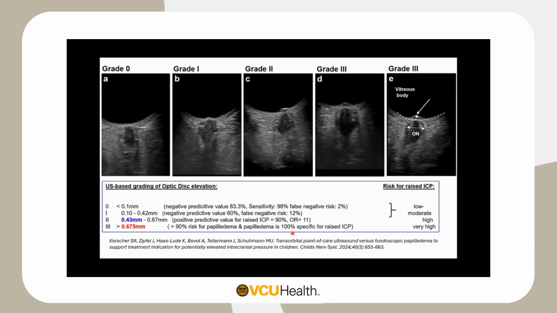And once you cross around 0.53, so grade 2 here, your positive predictive value for ICP goes much higher, to 90%. So if you see this, your positive predictive value for elevated ICP is pretty high.